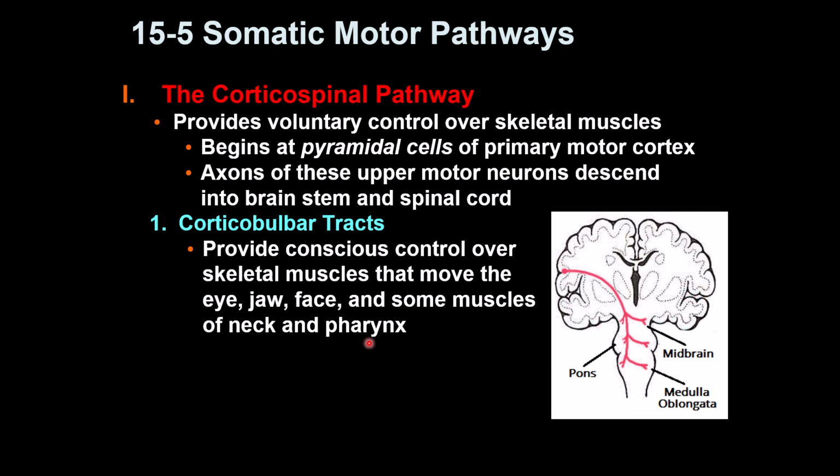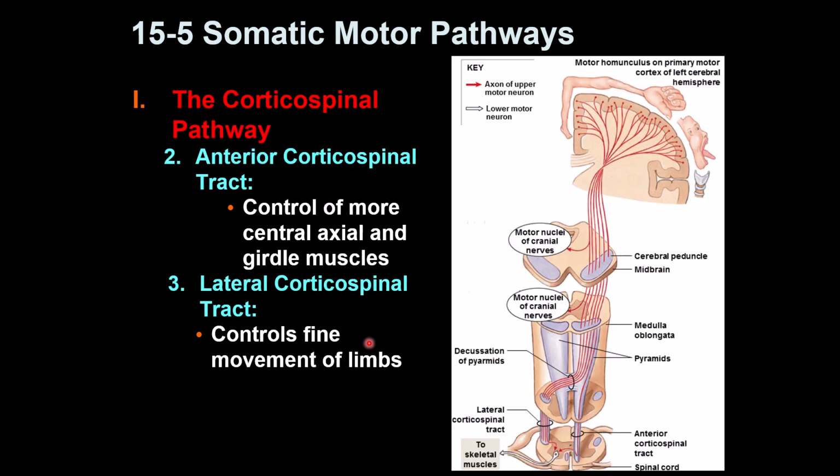So different nerves are involved. The second tract under the corticospinal pathway is called the anterior corticospinal tract. This is important for movement of the axial muscles of the torso, and also the hip and shoulder girdle.